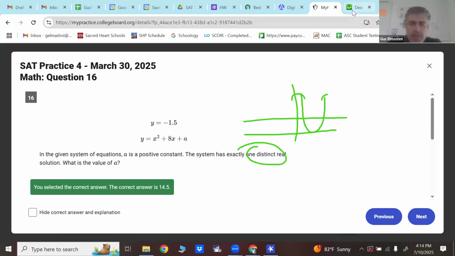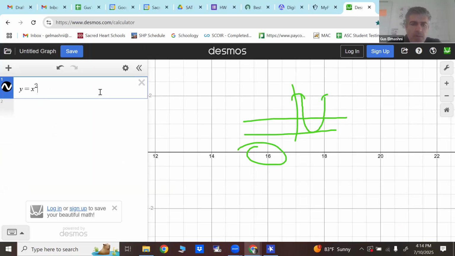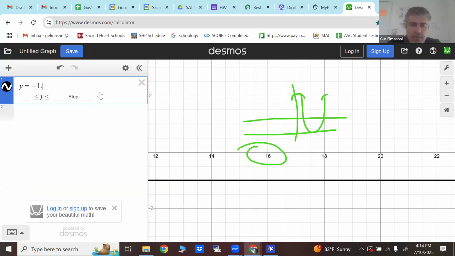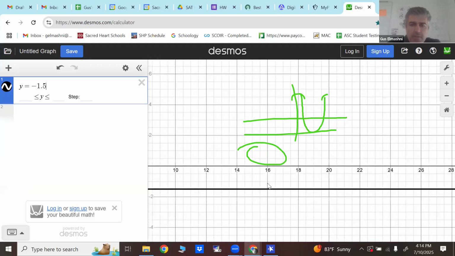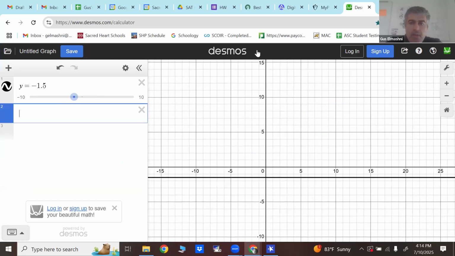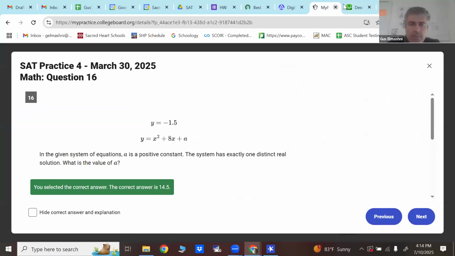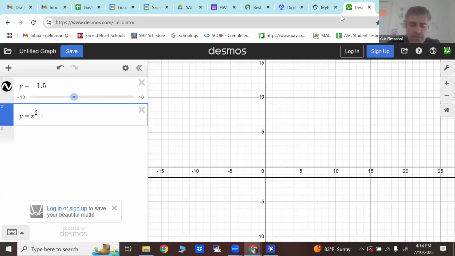So what I'm going to do is graph y equals negative 1.5, and y equals x squared plus 8x plus a. Add the slider.